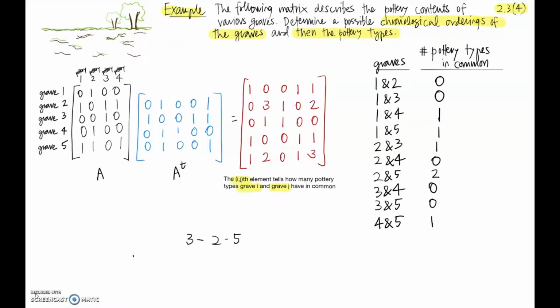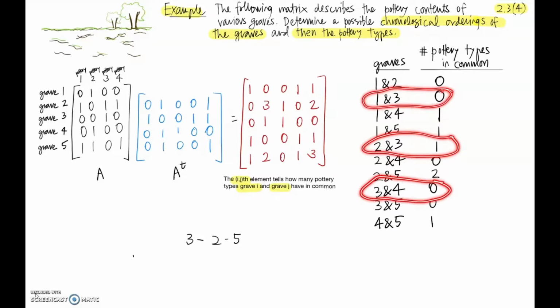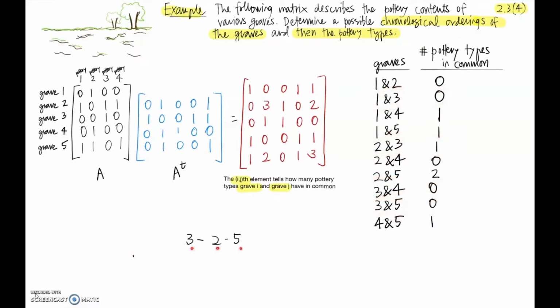Let's see who's linked up to 3. So 3 and 1 have nothing in common. We know 3 and 2 have that one thing in common. 3 and 4 have nothing in common, and 3 and 5 have nothing in common. So 3 is probably just kind of out here on its own. 3 to 2 to 5. Let's see what's going on with 5. Okay, 1 and 5 have something in common.